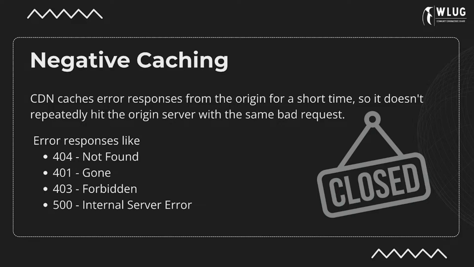If a 404 exists, obviously the response will not be found on our edge server and it will have to go to the origin. When we go to the origin and it returns an error code like 404, 403, 500, then these responses will be cached on our edge server.